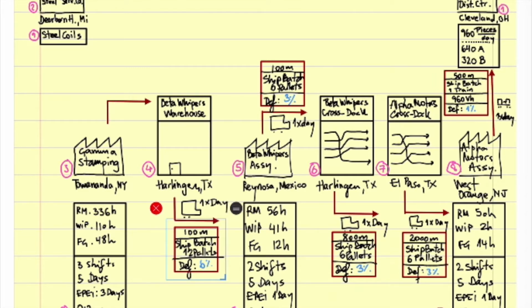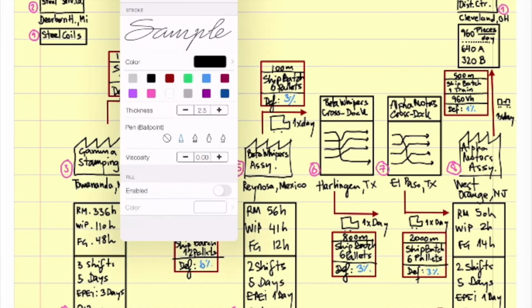And this delivery has the following information: 1,500 miles and a shipping batch of 35 pallets and a defect rate of 6%.